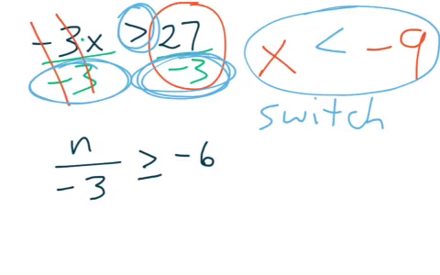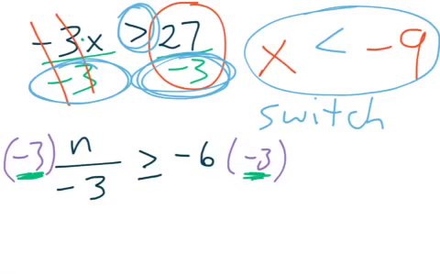Alright, finishing up the video. Notice this one is another divide here. So how do I get rid of a divide again? I'm going to multiply. The inverse again of divide is multiply. Notice I'm multiplying by a negative 3. So what's going to happen to this, ladies and gentlemen?